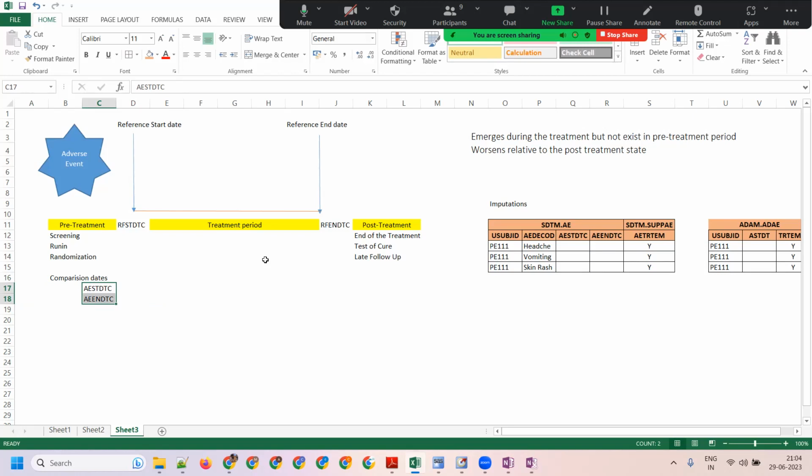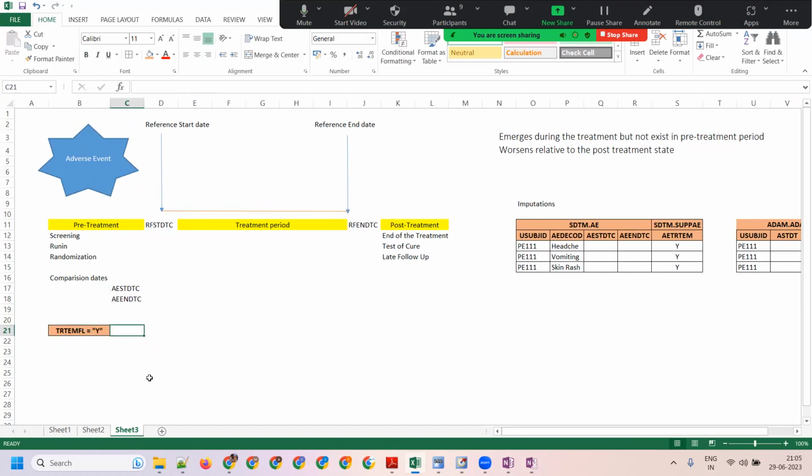Suppose this is going to be a treatment emergent flag, when you say it is going to be yes, in a nutshell, this is going to be treated as yes when my adverse event start date and time is between the reference start date and time and the reference end date and time.